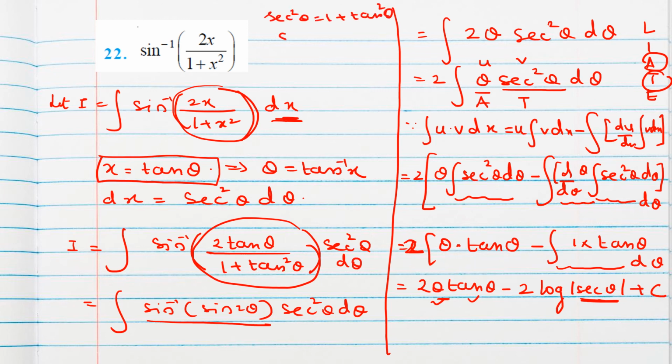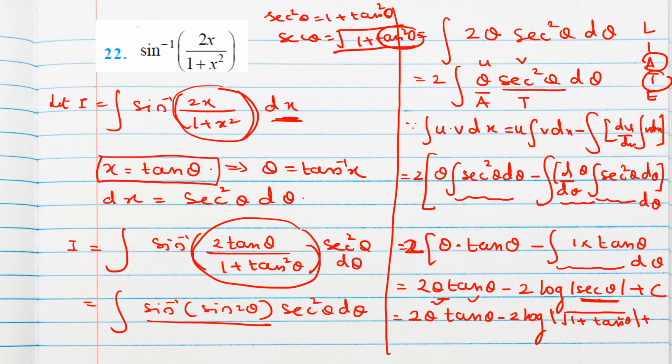So sec theta means square root of 1 plus tan square theta. So this identity we can write here. Then in place of tan, we can put x. So 2 theta tan theta minus 2 log of square root of 1 plus tan square theta. Then substitute all the values here.